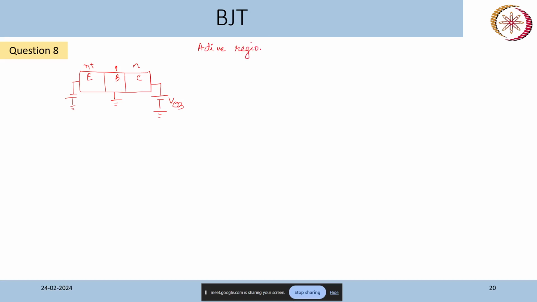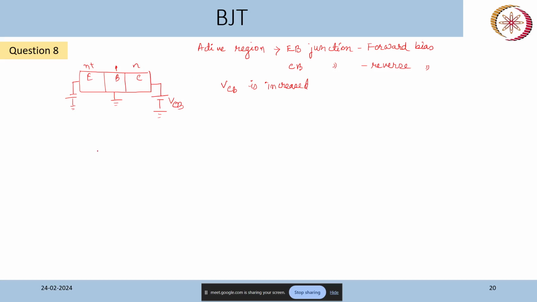It is in the active region, that means the emitter base junction is in forward bias, and the collector base junction is reverse bias. And we are increasing VCB. The magnitude of the reverse bias voltage is increased in this junction.